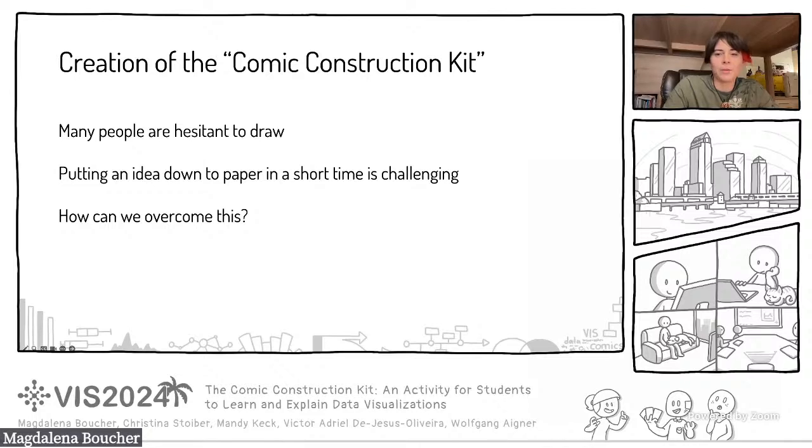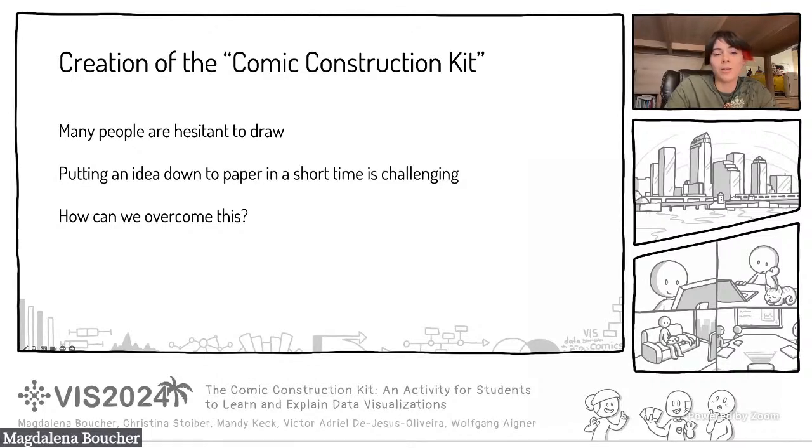Now, we had experience with other creative workshops or lectures before, and one common obstacle was always that participants were hesitant to actually draw, saying they can't draw, or they have difficulties coming up with something in such a short time, or they were just nervous to sketch in front of other people.